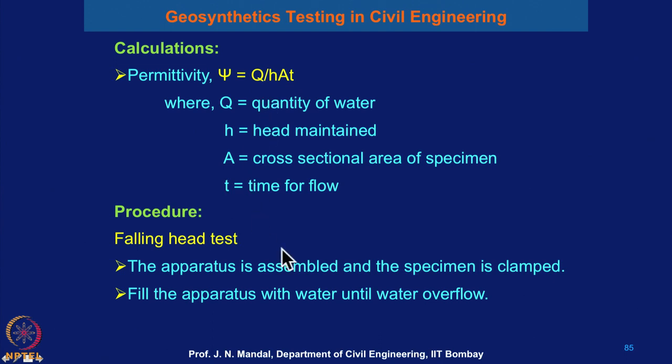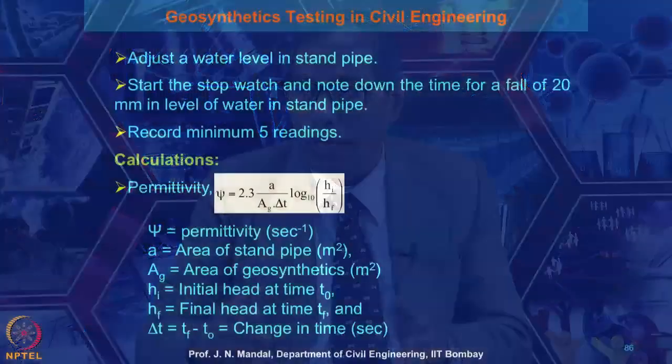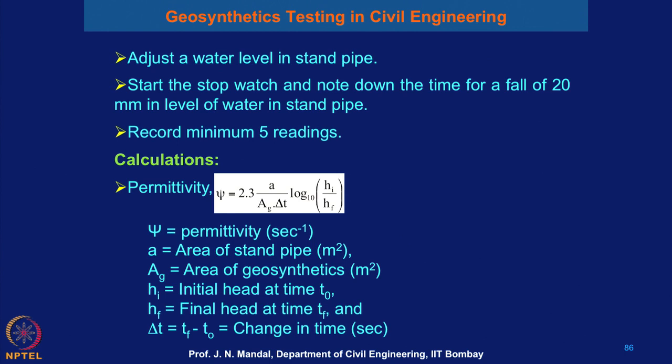Now, another procedure is the falling head test method. The apparatus is assembled, the specimen is clamped, and you fill the apparatus with water until the water overflows. Adjust the water level in the stand pipe, then start the stopwatch and note the time for a fall of about 20 millimeter in the level of the water in the stand pipe.